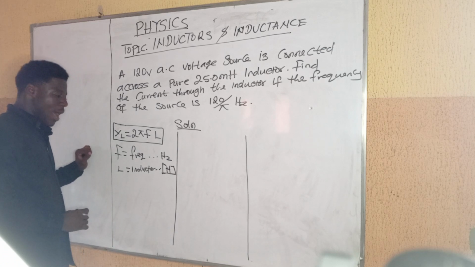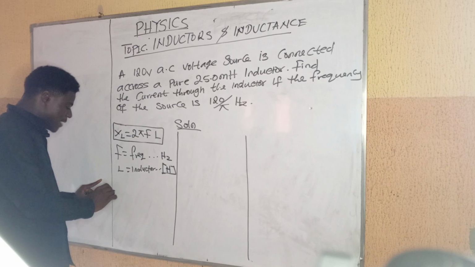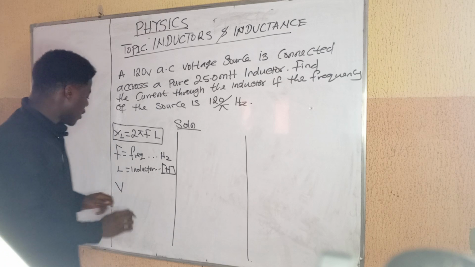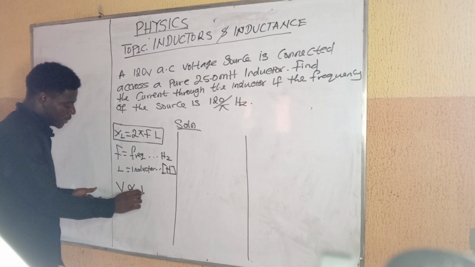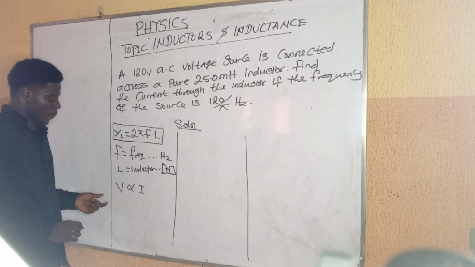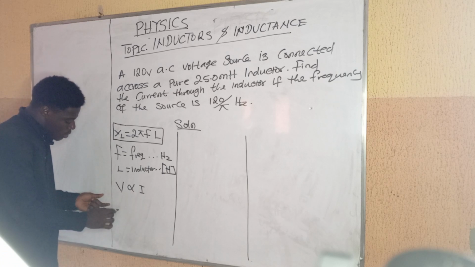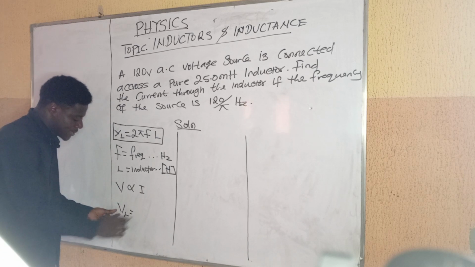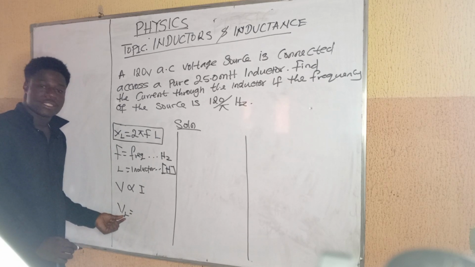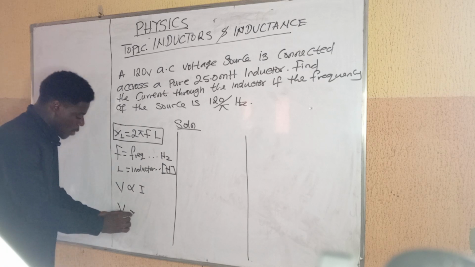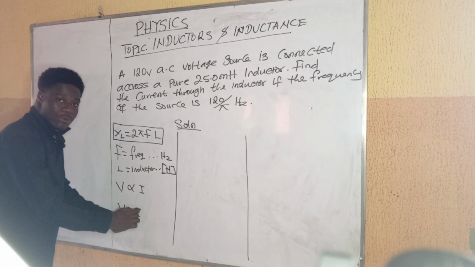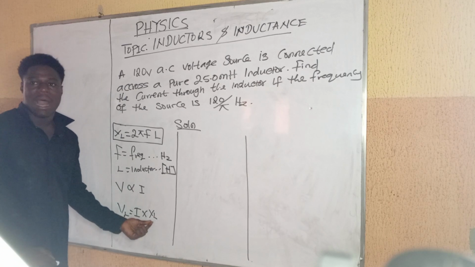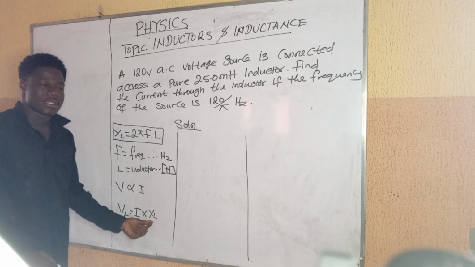From Ohm's law, the voltage across a metallic conductor is directly proportional to the current. So we adopt a relationship with Ohm's law. You agree that VL, the voltage across an inductor, is equal to I, the root mean square current, times XL, our resistance called inductive reactance.